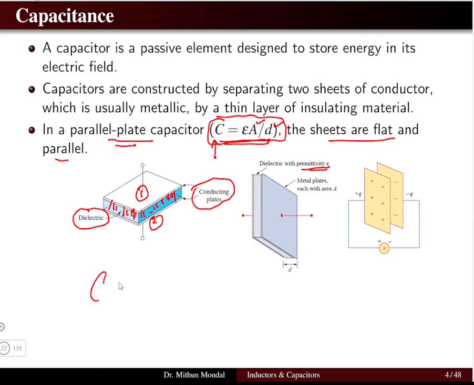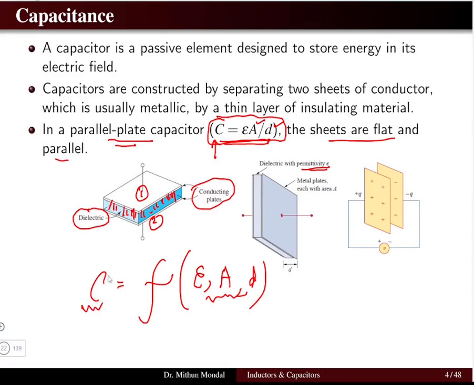So capacitance is a function of epsilon, the permittivity of the material, the area of the plates, and the distance of separation between the plates. If you change any of these quantities, the capacitance will change.